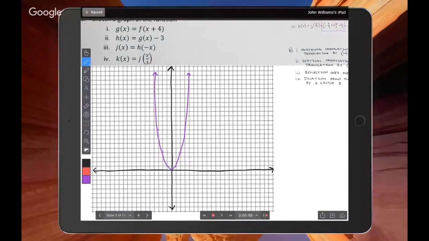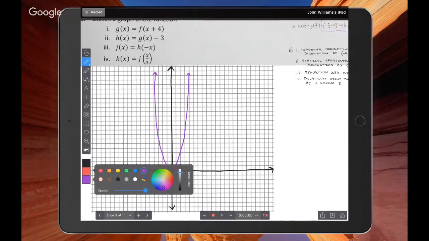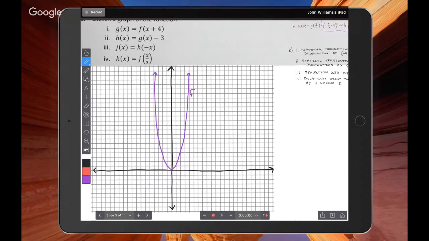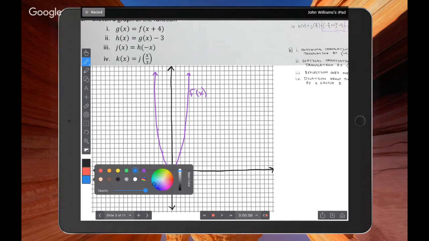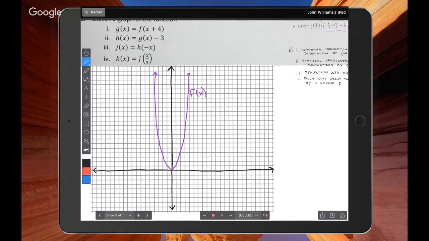Let's see. Our first thing moves left 4. So let's write it down. This is f of x. And then we're going to go right 4, left 4, left 4. 1, 2, 3, 4. So now there's our new piece.